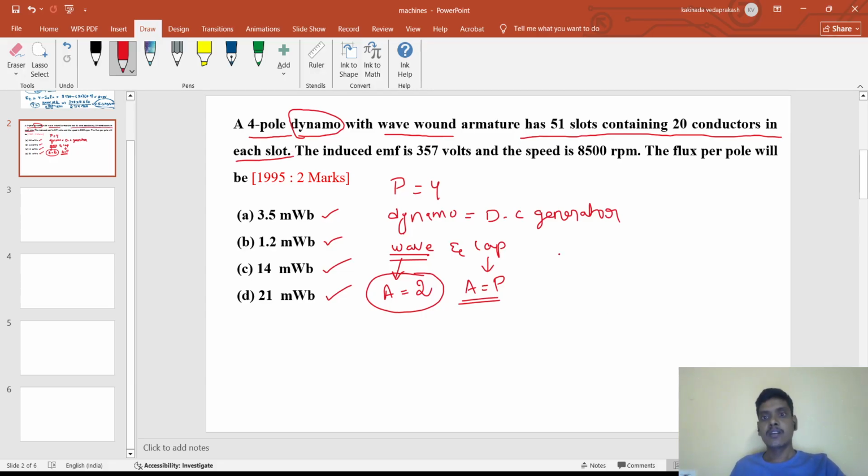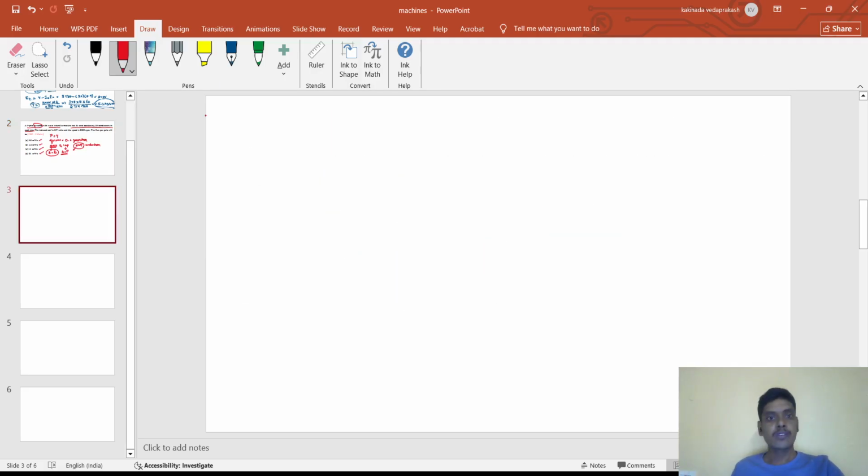So now we need to know about slots and conductors. What is the meaning of slots and what is the function of the slot? Slots are simply empty spaces to keep the conductors. We know there is a stator for the DC generator. You can see the interior surface of the stator here.